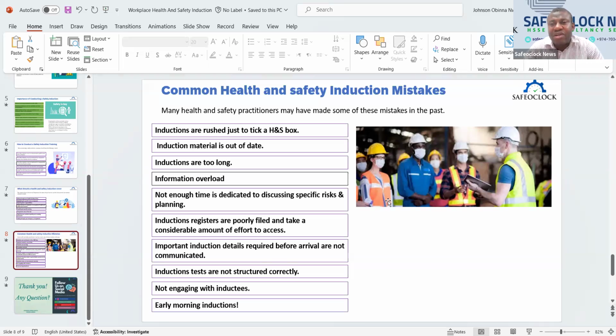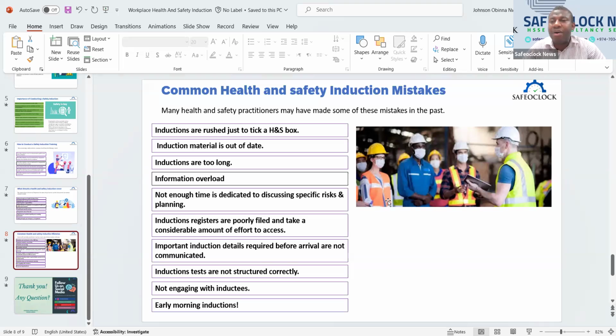This week the excavation has been backfilled, but there are changes in that workplace that we are not updating in our induction slides or in our presentation slides used for the induction. So this is one of the mistakes that many health and safety professionals are still making. It is wrong, and we need to improve on that.